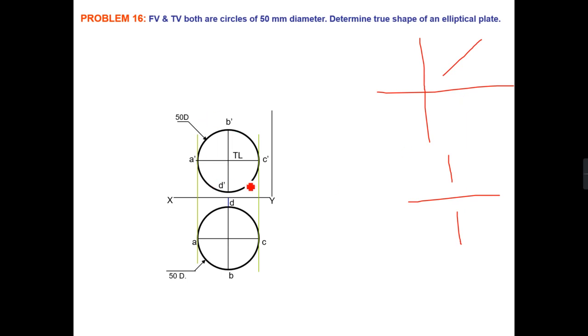And also the diameter, means in the front view and top view we are getting the circle, means this length is not changing, means it is possible that it is having an angle of 45 degrees with the horizontal plane, right?